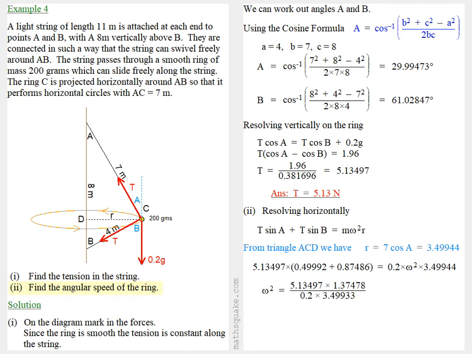Well, this can be rearranged as omega squared is equal to 5.13497 times 1.37478, all divided by 0.2 times 3.49933, which works out to be 10.086. So omega is equal to the square root of 10.086, which is 3.1759. And so we have the angular speed omega is equal to 3.18 radians per second.